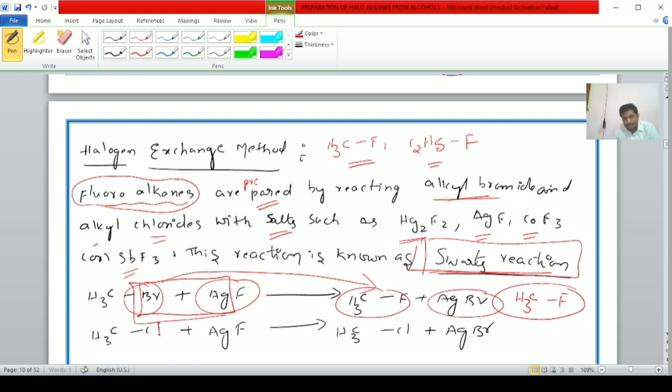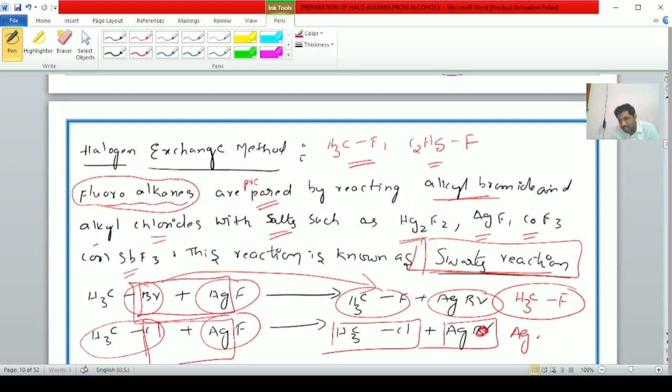Similarly, when methyl chloride, CH3Cl, reacts with silver fluoride, chlorine reacts with the silver and forms silver chloride, AgCl, plus CH3F. This reaction is known as the Swarts reaction.